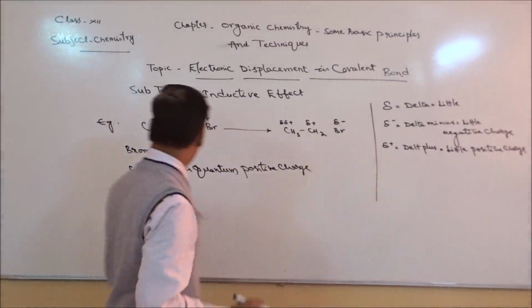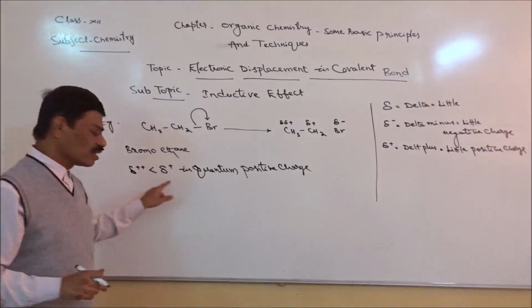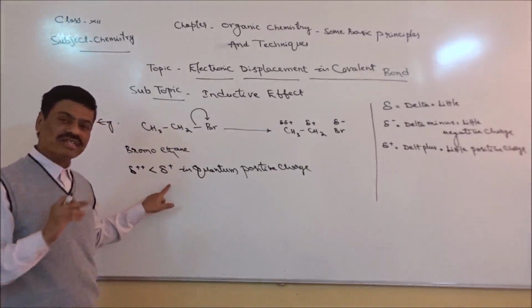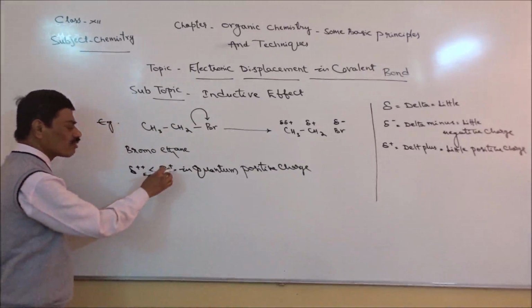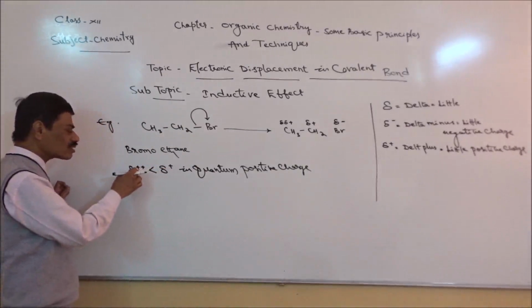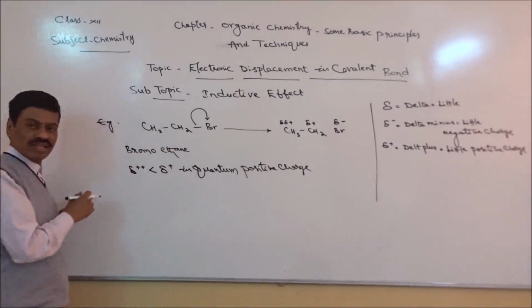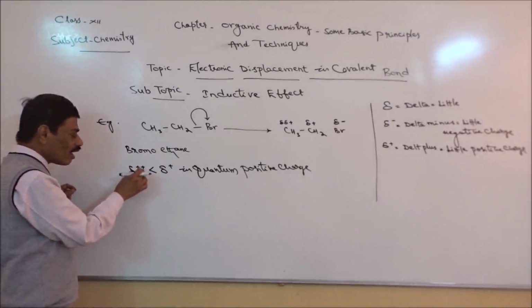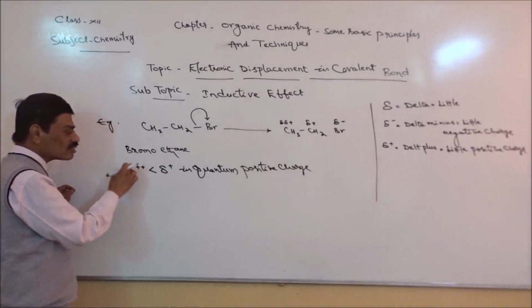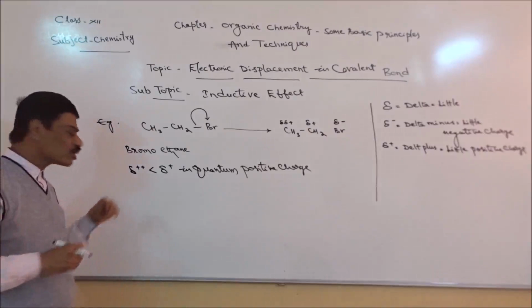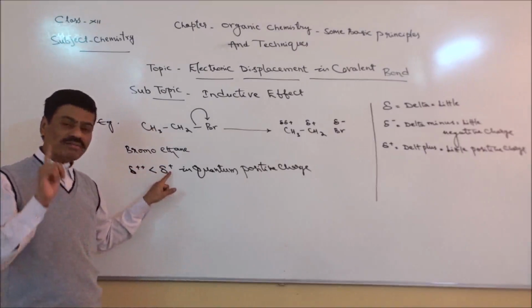When two deltas are there with two different positive signs, one has only one unit of positive charge, other one has two times plus plus, delta plus plus. This means the quantity of positive charge is less when compared to the other sign which has only one plus sign.